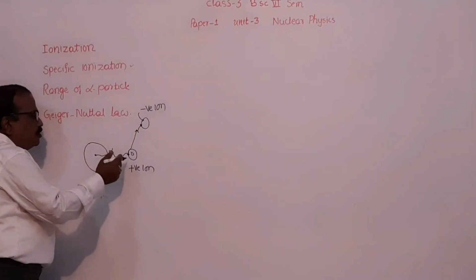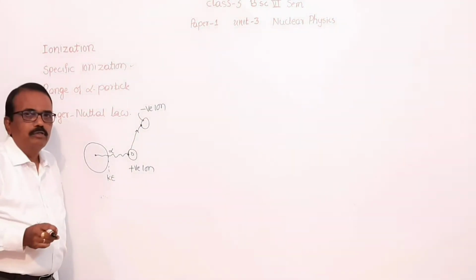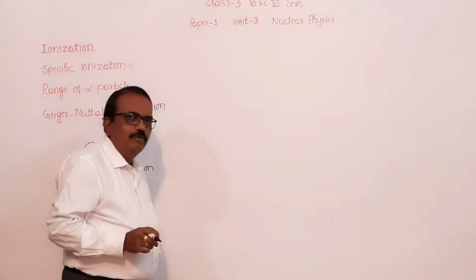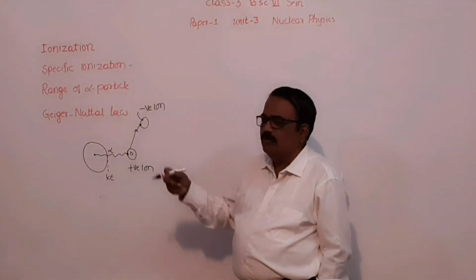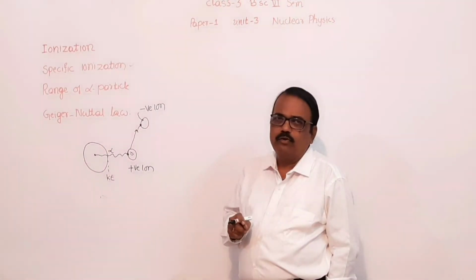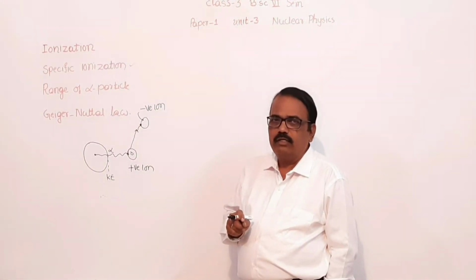That means the atom which loses an electron is called as a positive ion. Atom which gains an electron is called as negative ion.